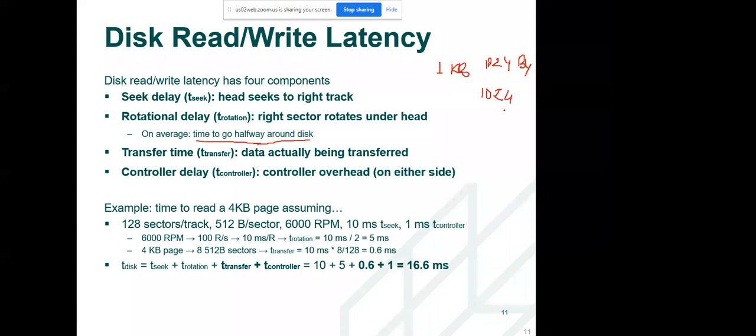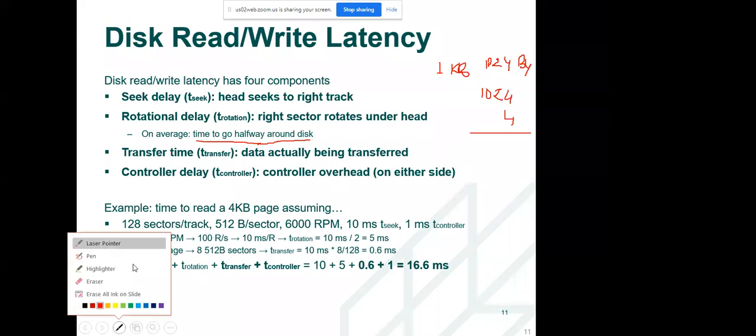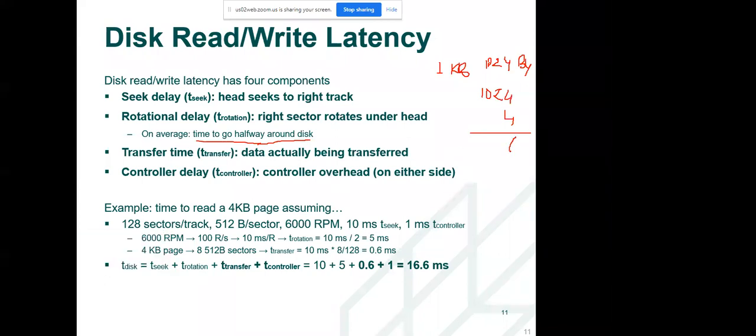That will be bytes. It's for sectors. This is the 4 KB page. We need to convert into bytes first. So I'm converting: 1024 times 4 is 4096. That's bytes.